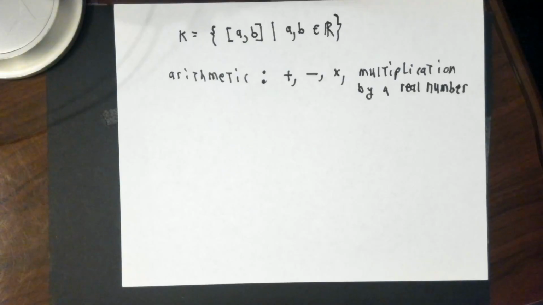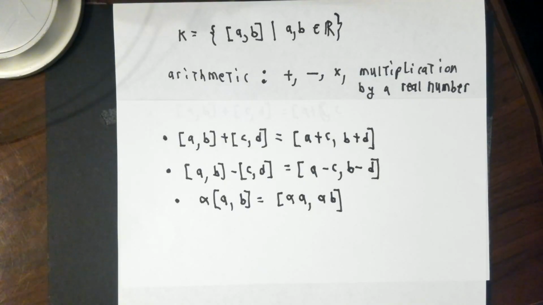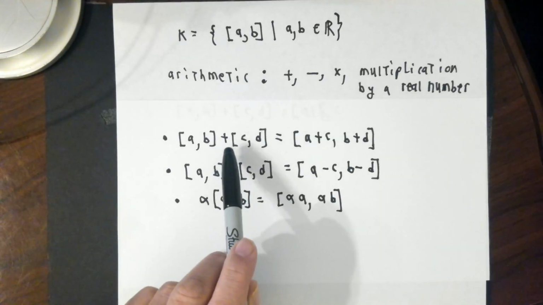I'm going to define these things in the following way. If I take two elements out of this set K, A comma B and C comma D, I'll define addition this way.